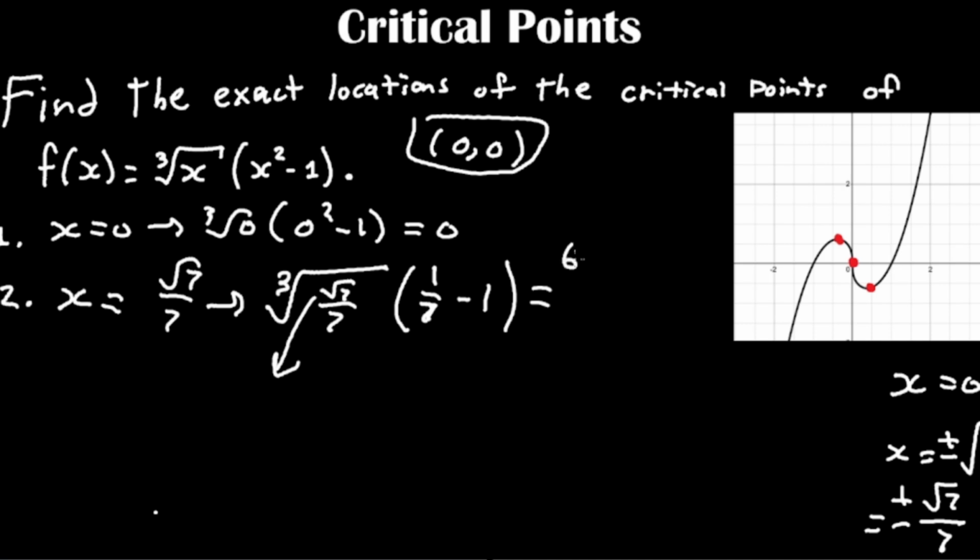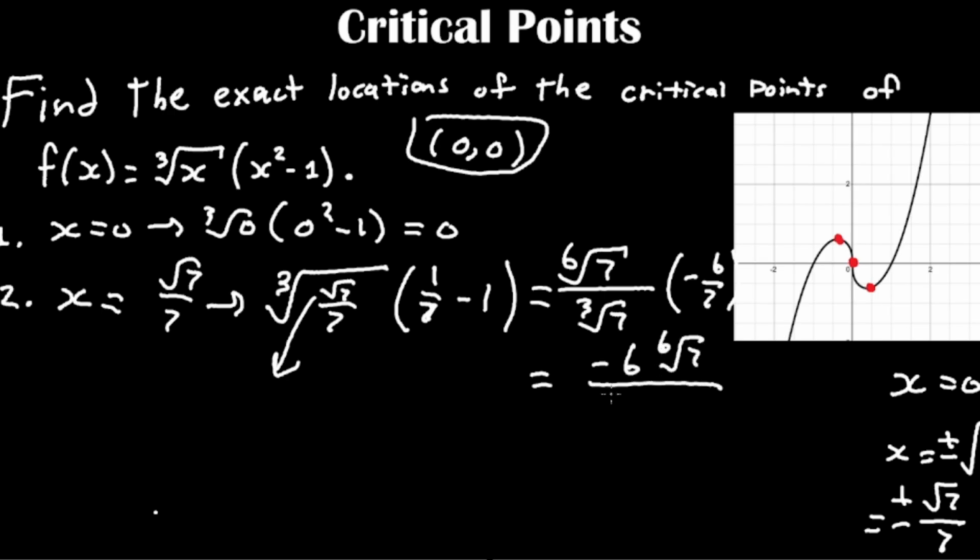So this would be the sixth root of 7 over the cube root of 7. And then 1/7 minus 1, that's 1/7 minus 7 over 7. So negative 6 over 7. So this is negative 6 times the sixth root of 7 over 7 times the cube root of 7.